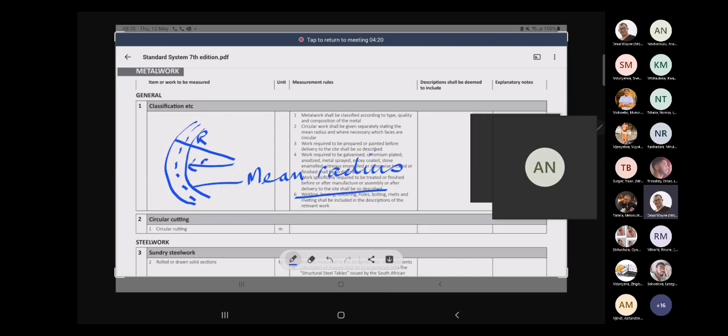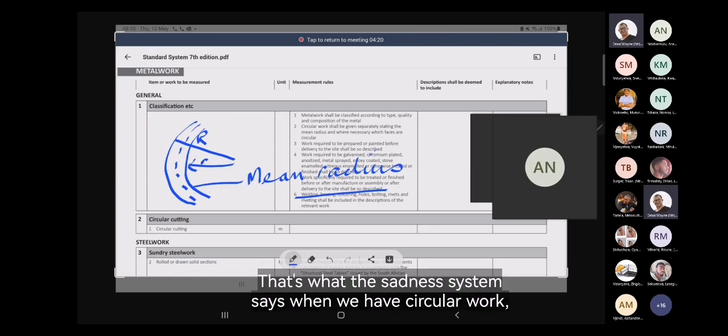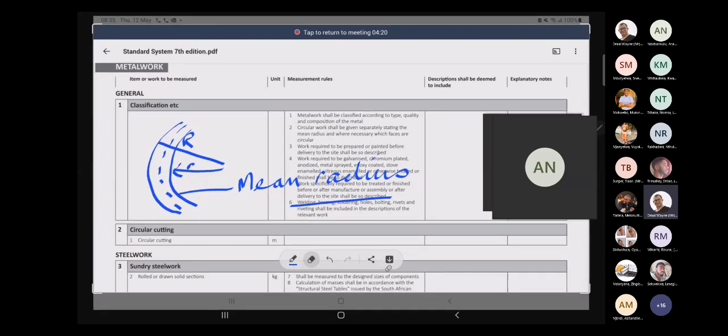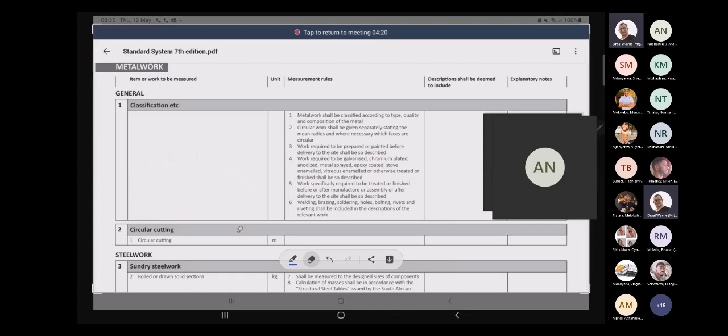Okay? That's what the standard system says when we have circular work, and we would have to state which area is circular. Look at this further.